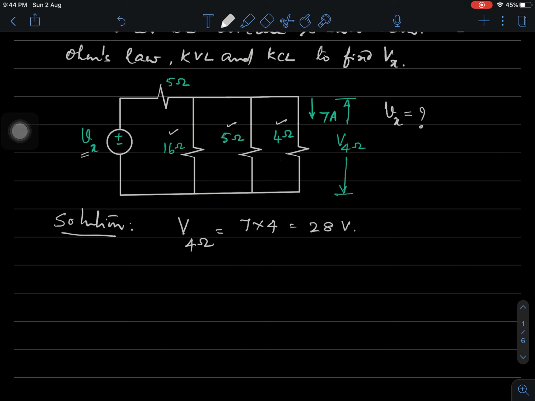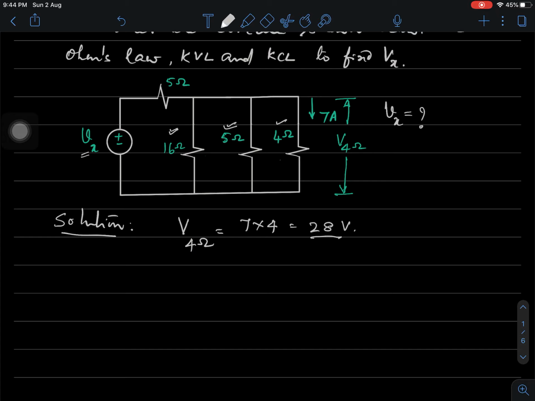So this 28 volts is the voltage across this 5 ohm also and this 16 ohm also, because 16, 5 and 4 are in parallel. It is very clear.